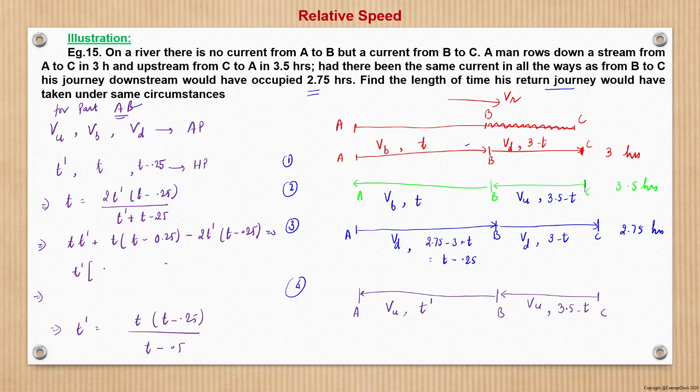So it will be t dash into 2t minus 0.5 minus t as common, equal to t into t minus 0.25.